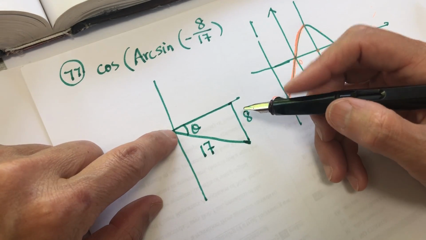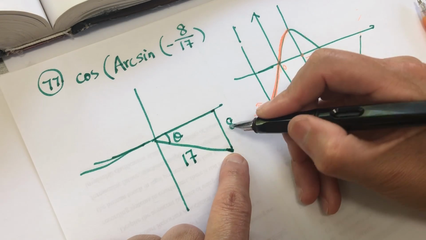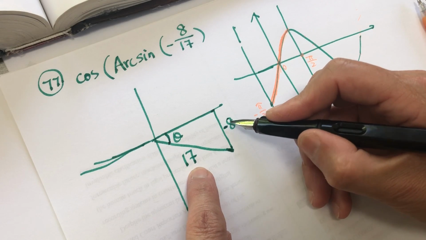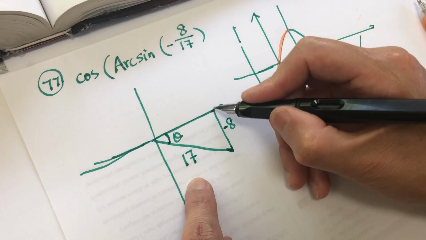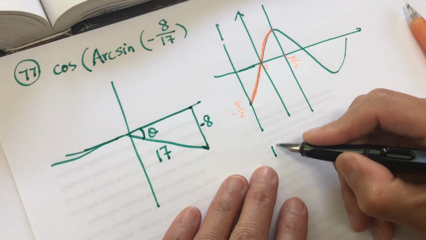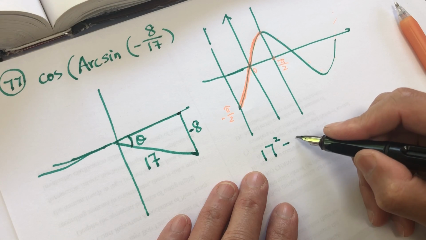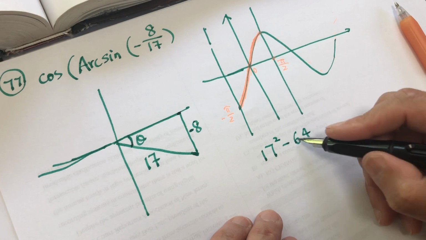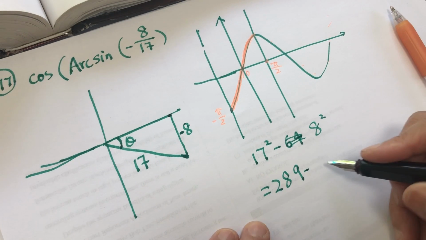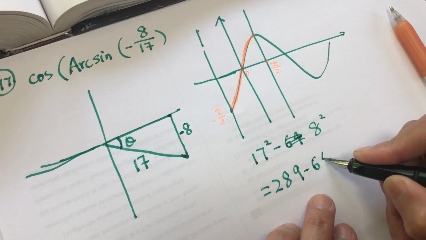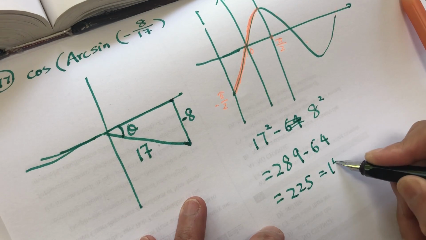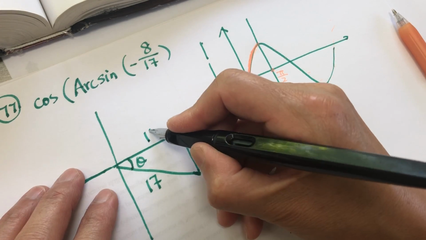This y value is negative, so sine theta is negative 8 over 17. Now, forget about anything else. We need to figure out this side, right? 17 squared minus 8 squared equals 289 minus 64 equals 225, equals 15 squared. So this one is 15.